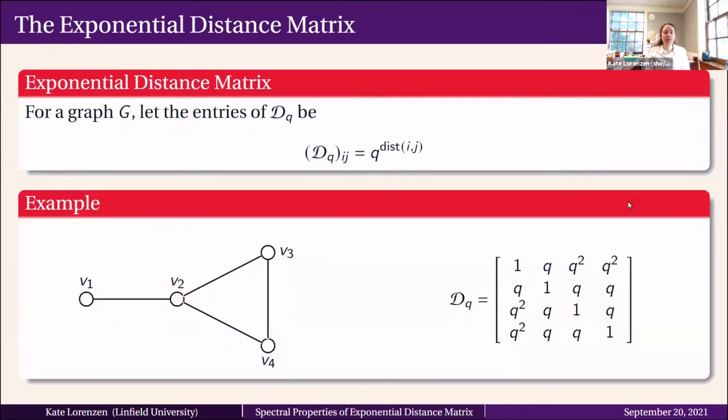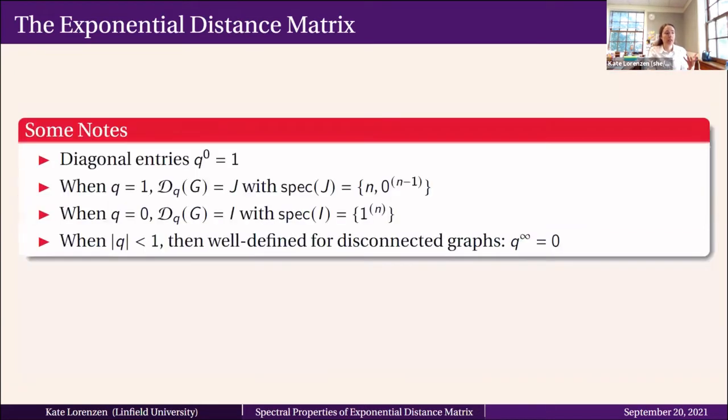So here I have my graph and I have my corresponding D_q matrix. So vertex 1 is adjacent to vertex 2, so my 1,2 entry is going to be q raised to the 1st power. If vertex 1 is distance 2 away from vertex 3, I'm going to have q squared as my power.